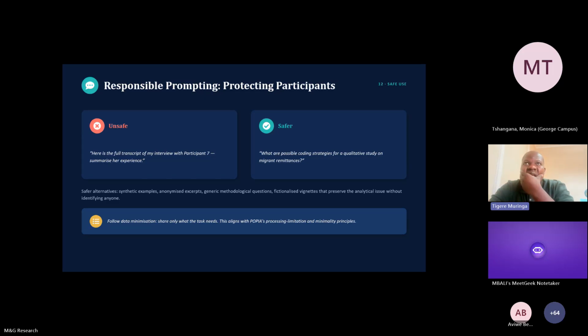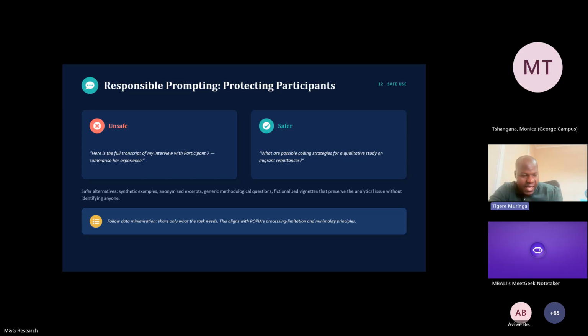For example, instead of uploading a full transcript, you as a researcher can ask questions like, what are possible coding strategies for a qualitative study on migrant remittances?